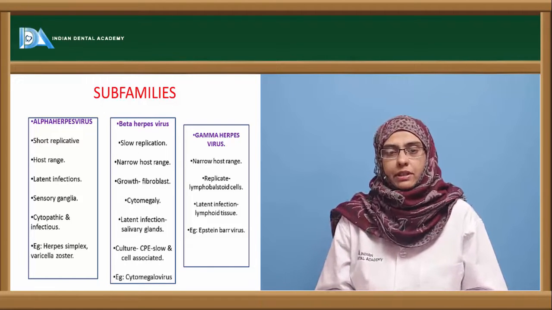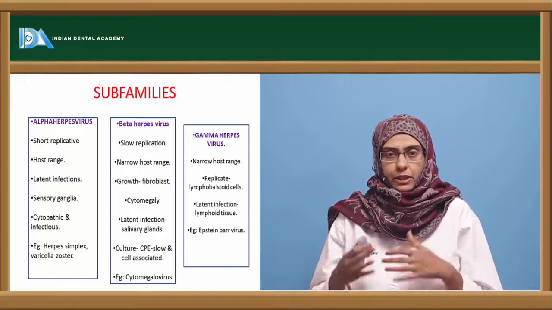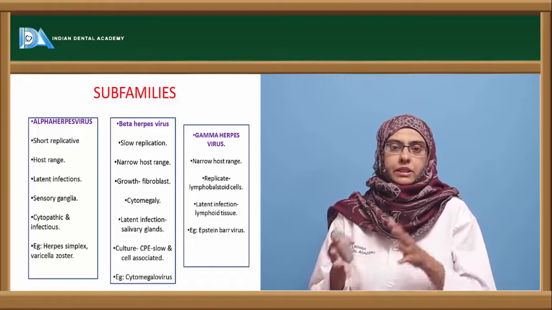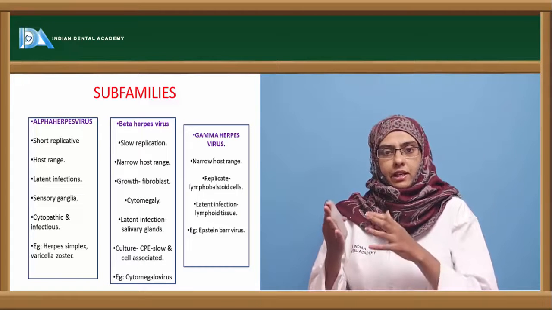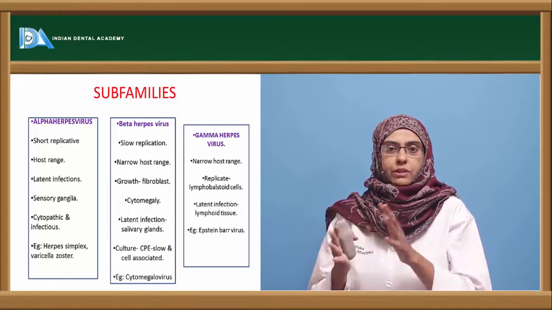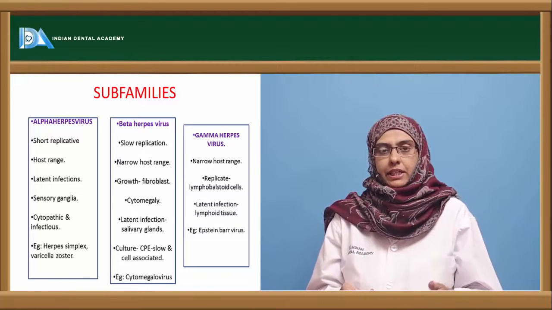The organism that we will be studying under the gamma herpes virus is Epstein-Barr virus. So based upon the three important properties, that is biological, physical, antigenic, and growth in the cell culture, we can classify herpes virus into three subfamilies, and we will be studying each of them in detail.